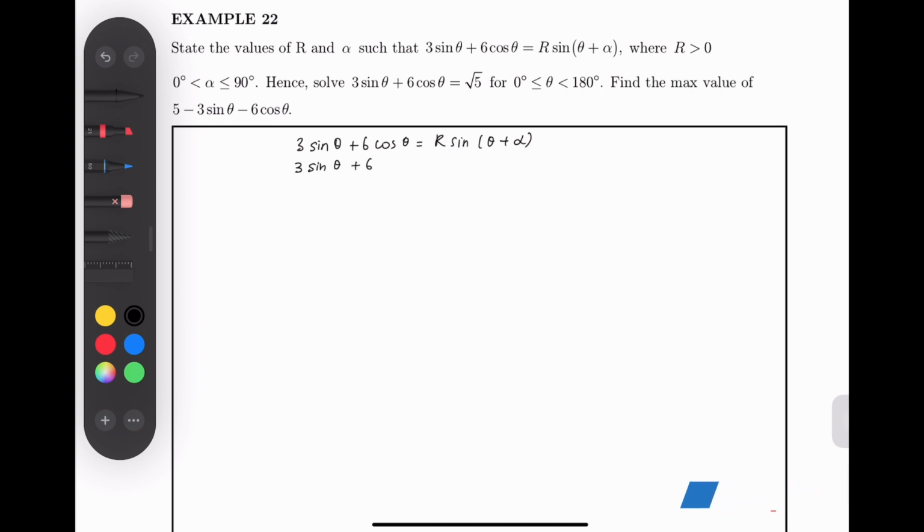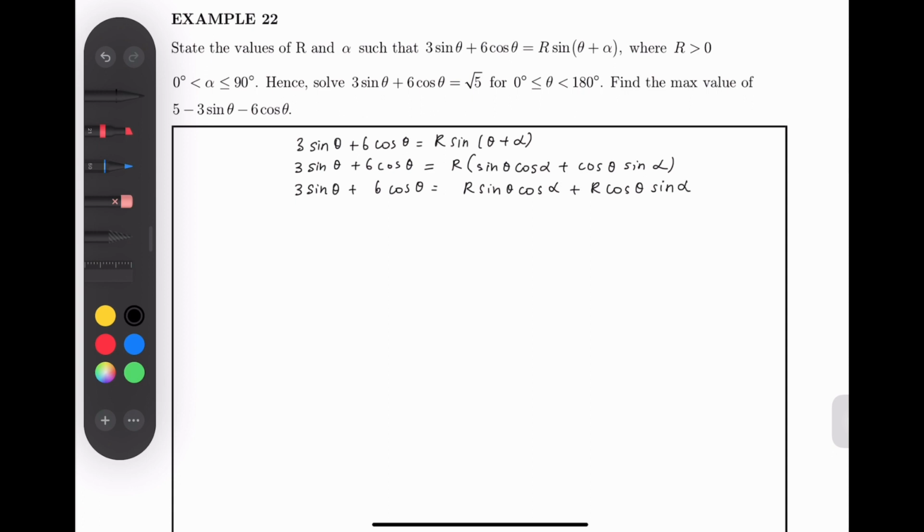So from the formula sin(A plus B), we're going to get sin theta cos alpha plus cos theta sin alpha. Expand the right hand side, and you're going to get r sin theta cos alpha plus r cos theta sin alpha. And now we're going to compare.